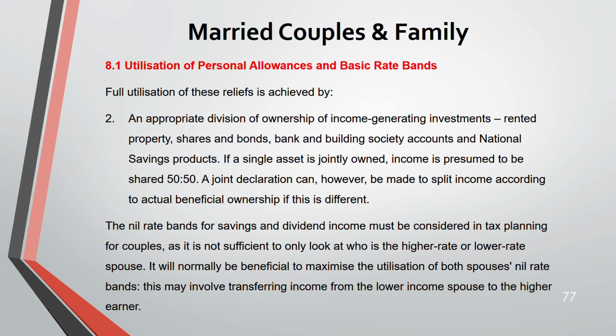And the lower earner has some unutilized nil rate band. You cannot transfer the nil rate bands among each other, but you can transfer the income generating asset through which they earn the income. So if you transfer income from the higher income to the lower spouse, now they can use the nil rate band.